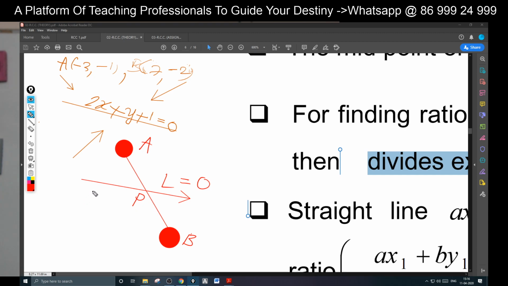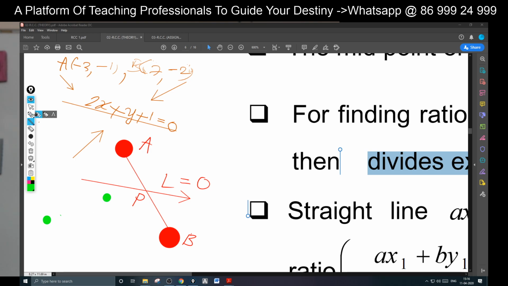Okay. And now I am making it another way. I am taking 2 points like this. This is 1 point. This is another point.